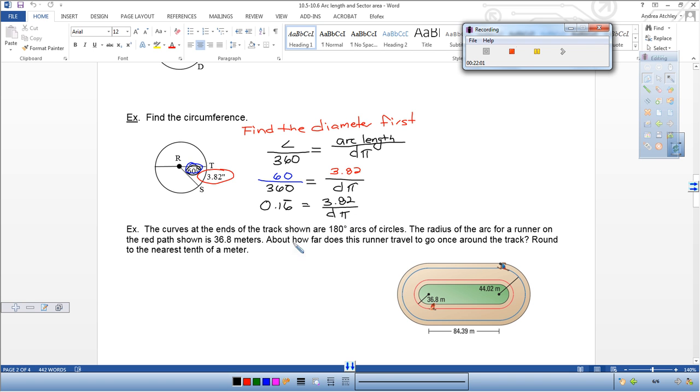Okay, so you can do this a couple different ways. Let's cross multiply it, probably the easiest way to do it. This times this, and bring it down, and then this times this, and bring it down. So I'm going to multiply 0.16, so that thing in there, times pi.